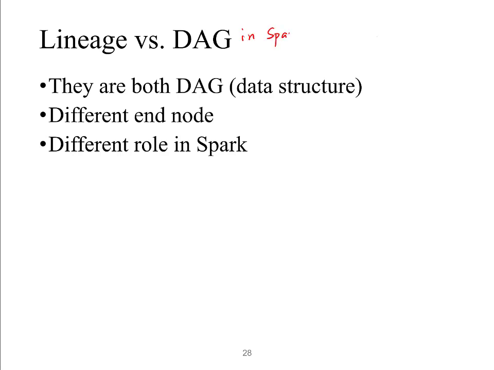But they do have a lot of differences. First of all, the end nodes of lineage and DAG are different. The end node of a DAG is usually an action, and the end node for lineage is an RDD.